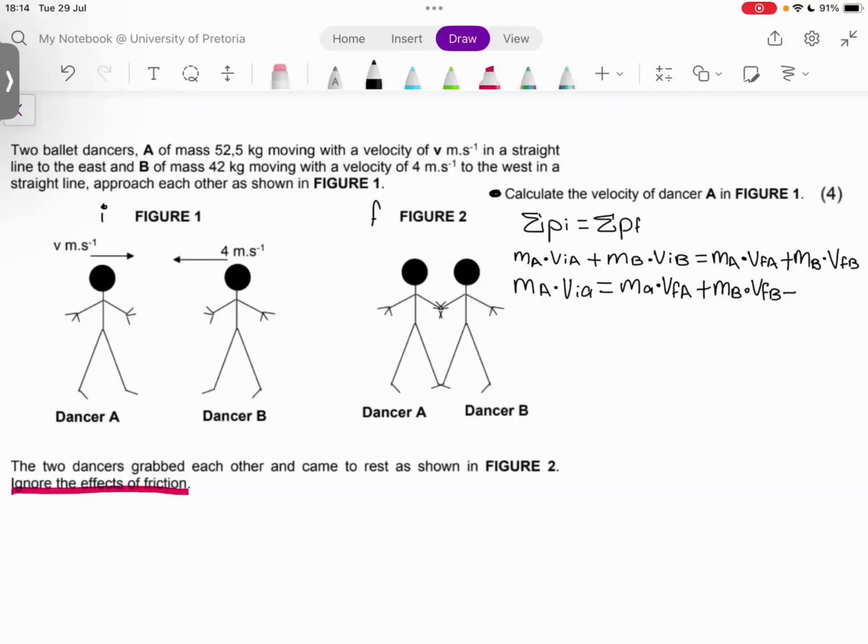So from what I've written thus far on the right-hand side of the equation, we subtract the mass of B multiplied by the initial velocity of B. From here, guys, we just have to divide both sides of the equation by the mass of A in order to get the initial velocity of A on its own. So let's do so.